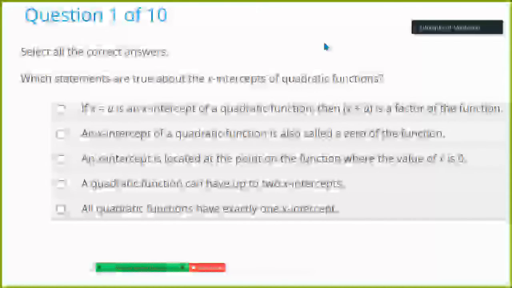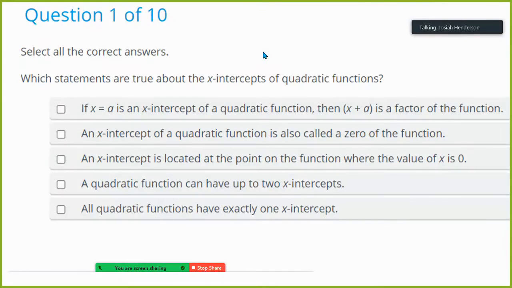So this one I thought was a good question to start with because it's testing how much we understand about the idea of our parabolas. Remember, quadratic function just means our polynomials that we've been factoring in unit 2. So things of this nature right here.